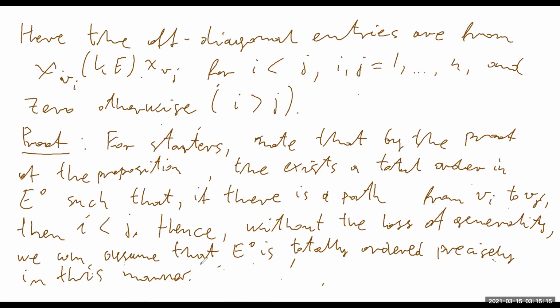So you can write: no paths Vi to Vj for i strictly bigger than j. And when i is equal to j, then the only path is a zero-length path of the vertex itself.